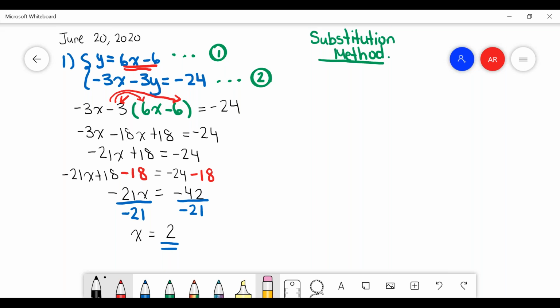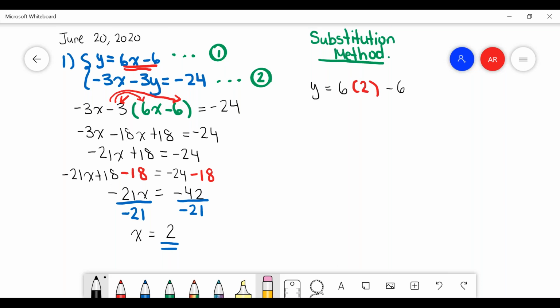So the equation 1 is y equals 6x minus 6. So wherever you see an x in that equation, we're going to be substituting 2 into there. So y equals 6 times 2 minus 6.